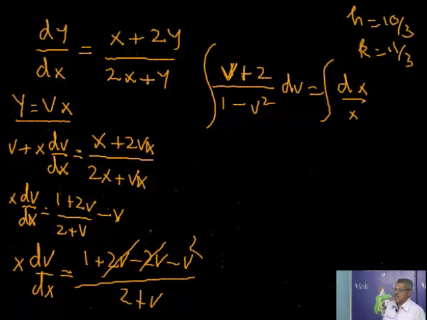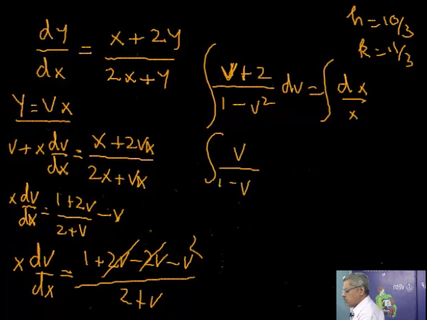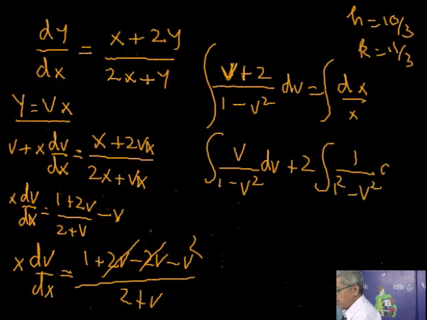It's very easy for us to integrate this integral, right? So therefore, we are separating this into two integrals. v/(1 - v²) dv, one integral. The other integral is 2 times 1/(1² - v²) dv = dX/X. Very simple integral we are getting.